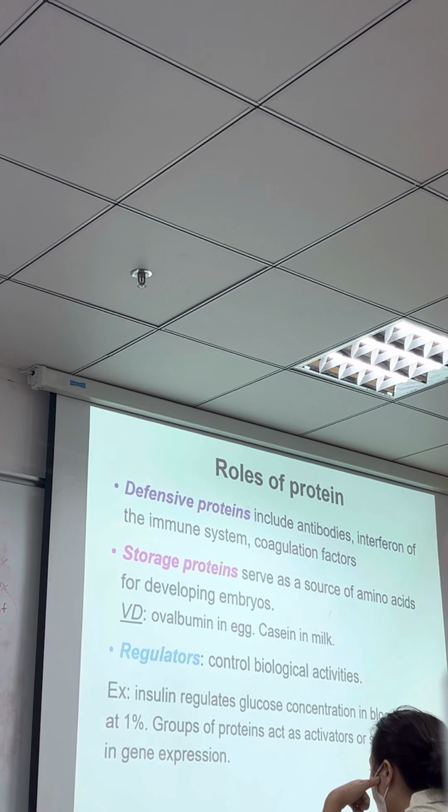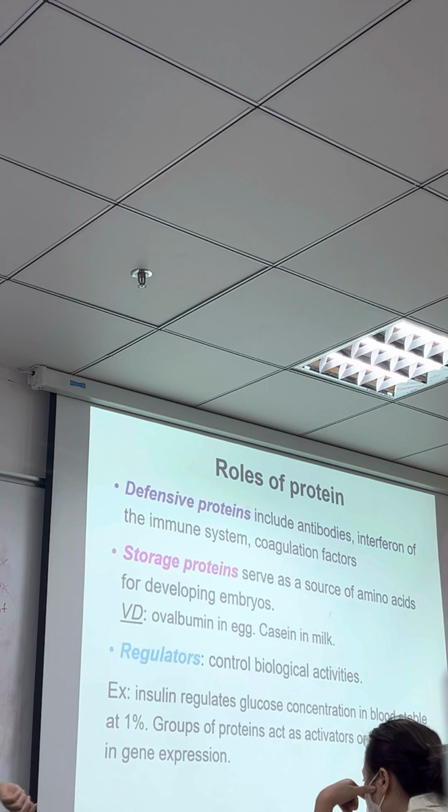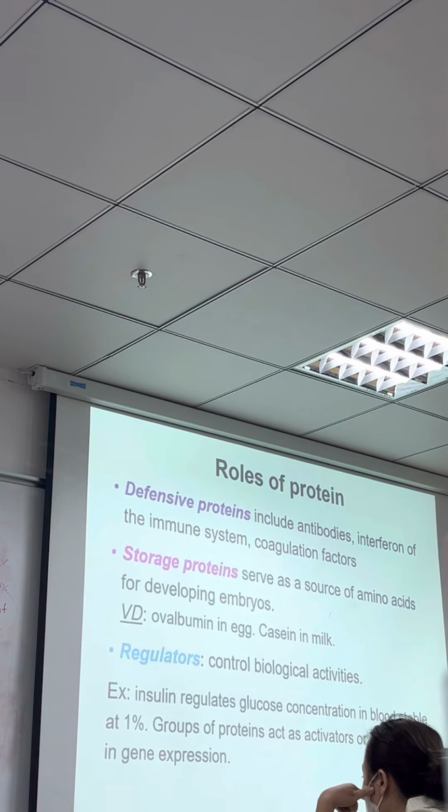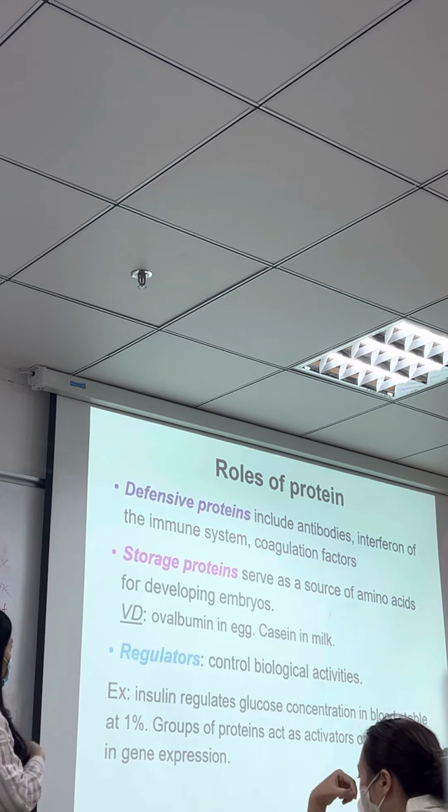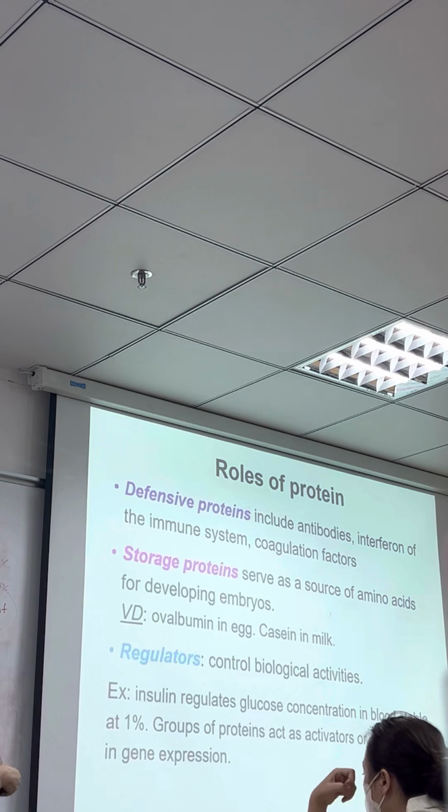Storage protein. Protein can be stored as a source of amino acids in the embryo. For example, casein in milk is a protein stored in milk to provide to the infant. Or albumin in egg is the storage protein for the embryo.